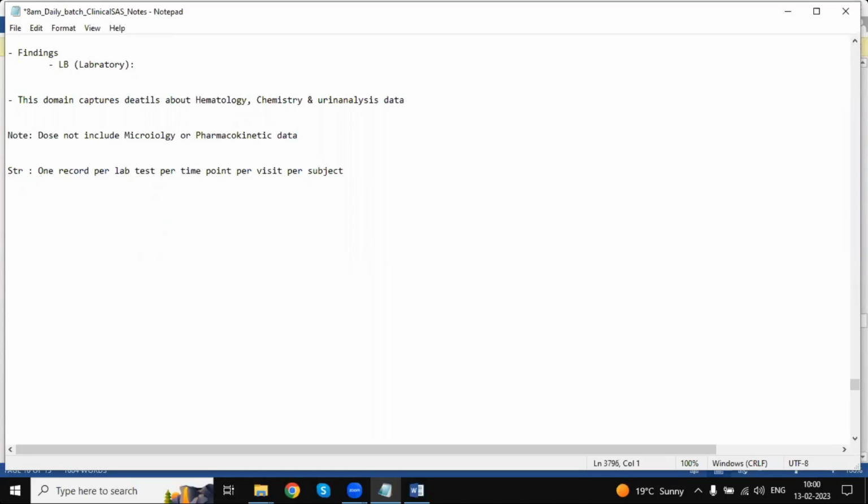See how many observations will come. Just observe here. For example, subject 101 under hematology. Hematology is the category. Let's assume under the hematology category you are doing two to three tests. Some X test you are doing at the time of screening. Now you got some results.